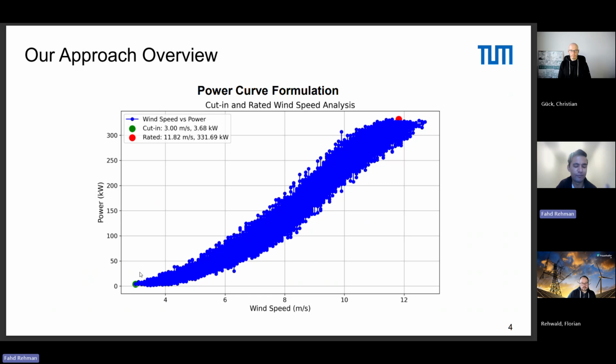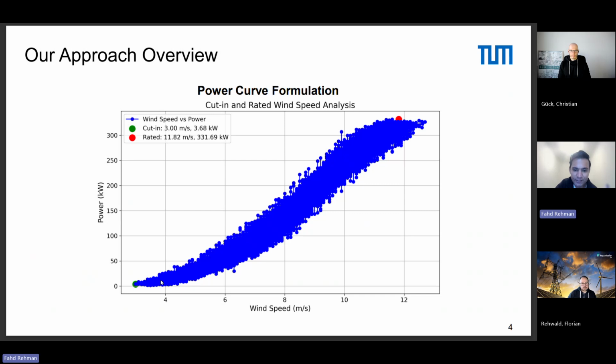In most wind turbines in industrial standard, the cut-in speed is mostly 3 meters per second. For rated wind speed, we have a range from 10 to 12. I have used the formula that 98 or 99% of the maximum power would be my rated power. I have kept a margin of 2% because there may be some errors.